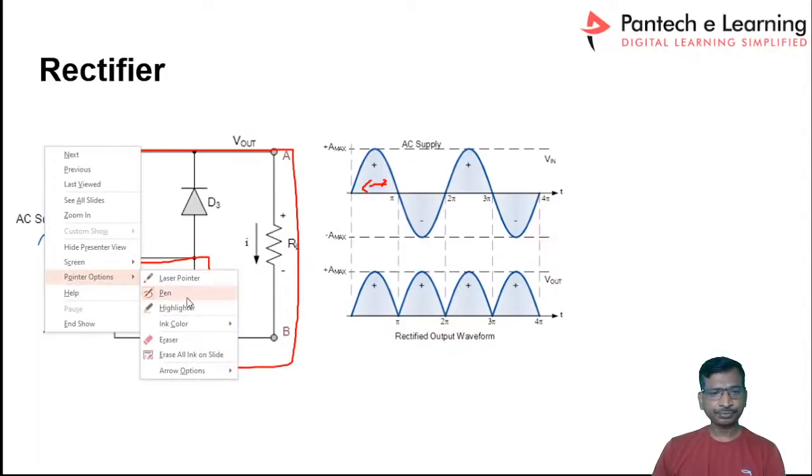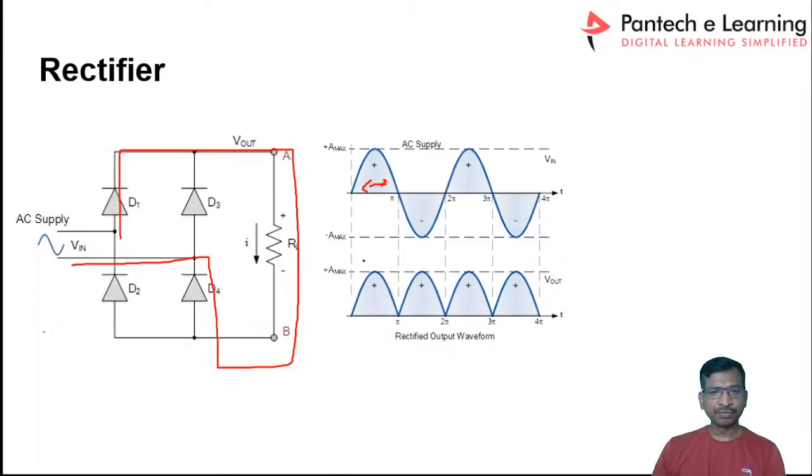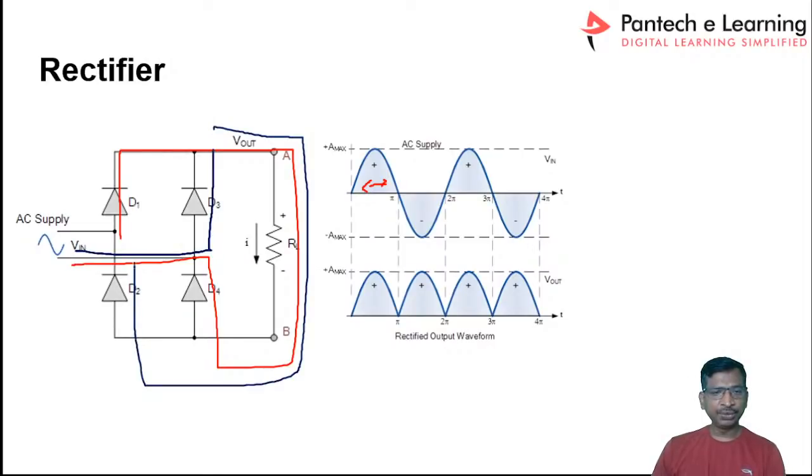Similarly, for the reverse bias, D3, the load, and D2 will conduct. So this is the return path. At any point of time, the load will always get a DC voltage. Due to this working principle, we are getting the output voltage always.